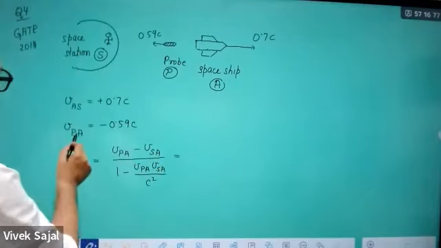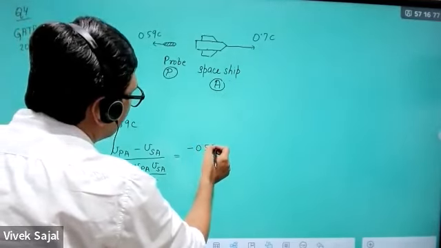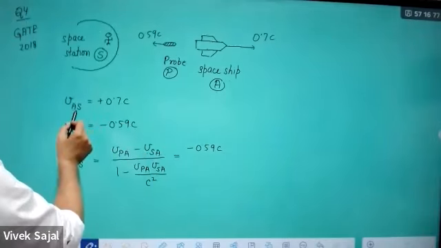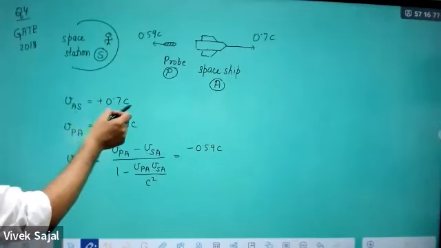So what is VPA? That is minus 0.59 c. VSA will be opposite to this. Try to understand, this will be minus 0.7 c.